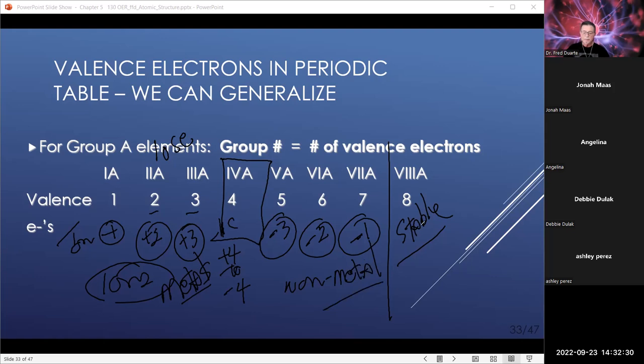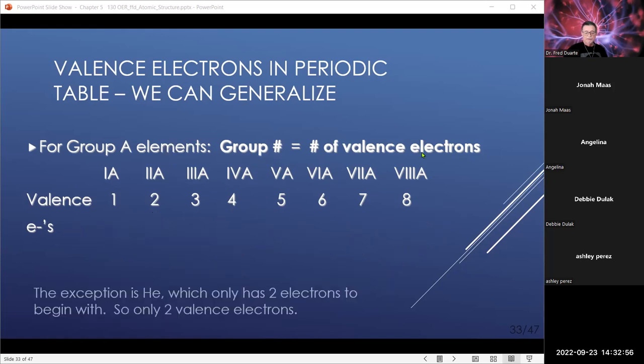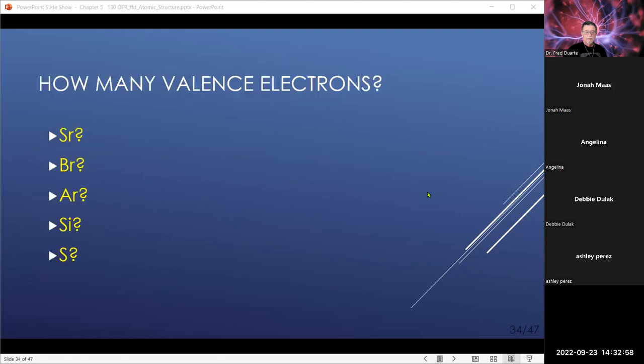So that group number helps you to tell how many valence electrons it has, how many electrons it would either lose or might gain, depending on the element, and also tell you, obviously, what the new charge is. So pay attention to the group that it's in. It'll give you a lot of information.